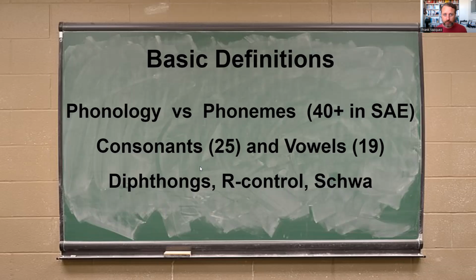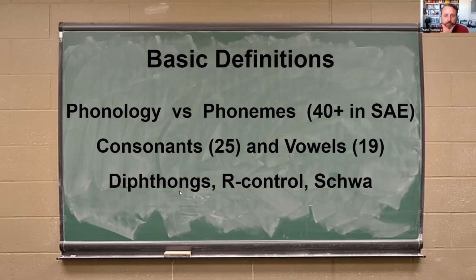Within the language, we have 25 consonant sounds and 19 vowel sounds. Remember, this is sounds, not letters. Once we start attaching these sounds to letters, this is where some of the confusion can start coming in English.